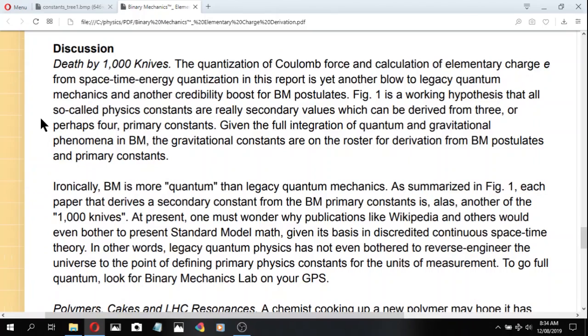Now let's you and I have a little chat about what we have here. Death by 1,000 knives. The quantization of Coulomb force and calculation of elementary charge, e, from space-time energy quantization in this report is yet another blow to legacy quantum mechanics and another credibility boost for BM postulates.